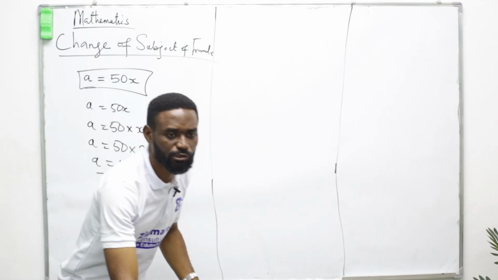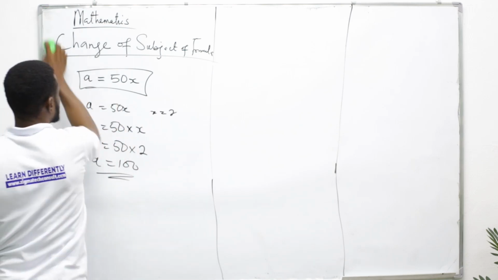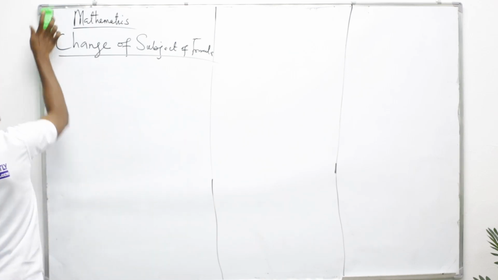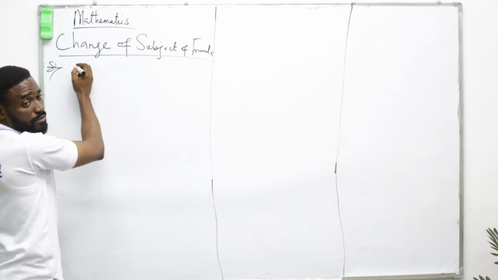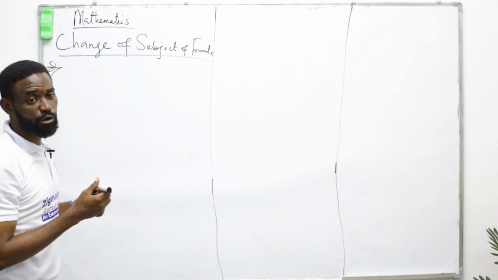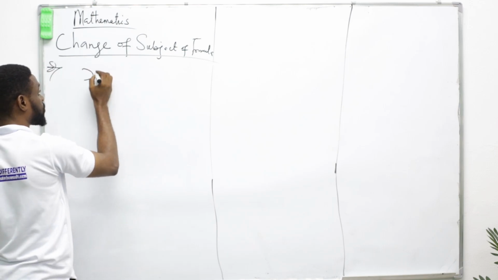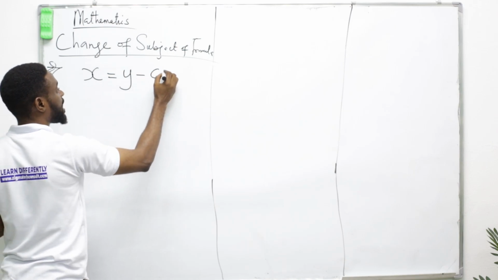So that's what I want us to look at here. Here we have a question. Let's look at that. Okay, now given x is equal to y minus cm. So let's say the formula given, this is the formula, x is equal to y minus cm.